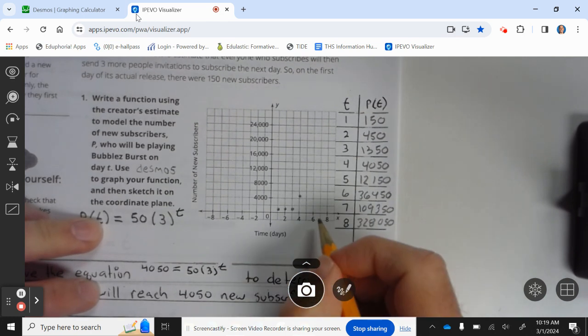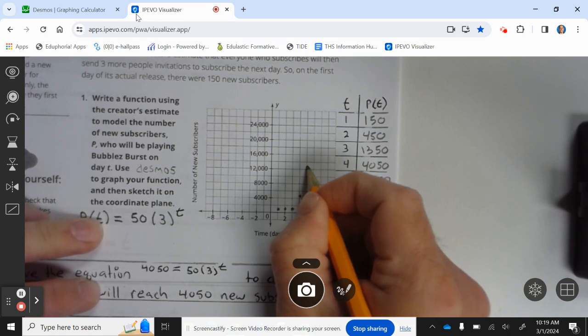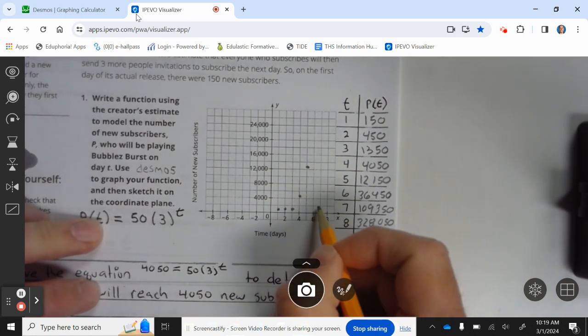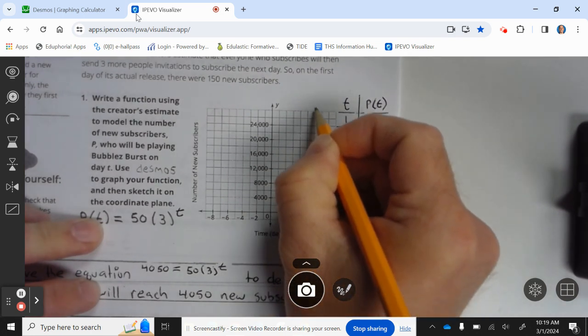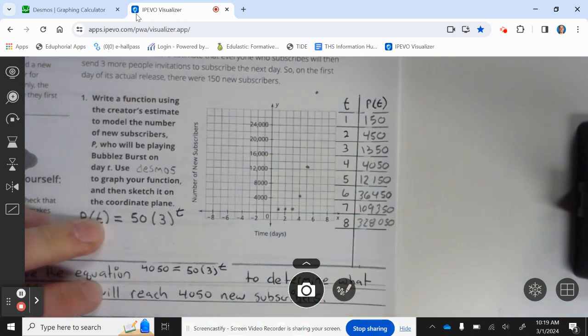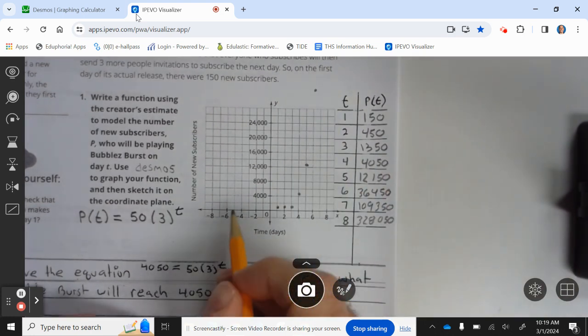5 is 12,000, so slightly above 12,000. 6 is 36,000, so up here somewhere. And then the other points well exceed the graph, so we have enough points.